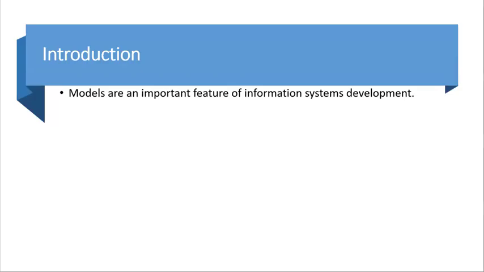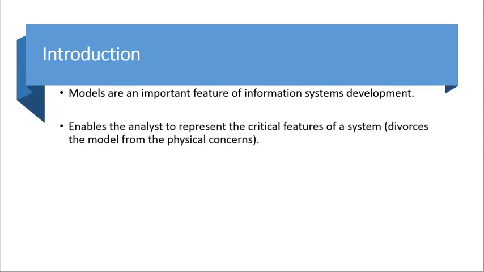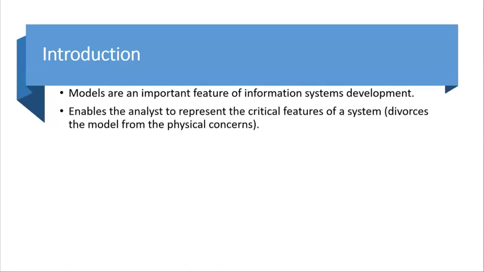Meaning we want to translate a business process, a service, or an activity into an information system. That real world environment is often a bit on the messy side and also most times quite complex. Now, modeling, ladies and gentlemen, allows us to simplify it so that we are able to understand it clearly.